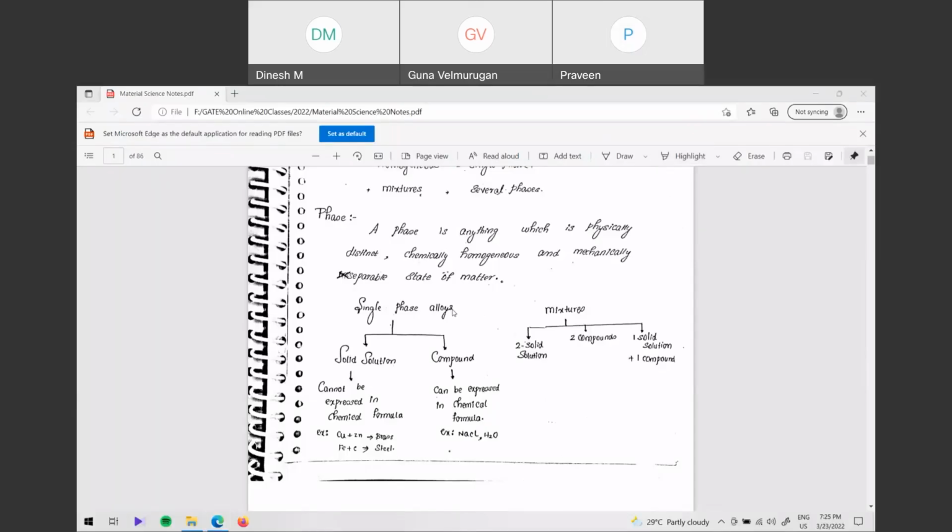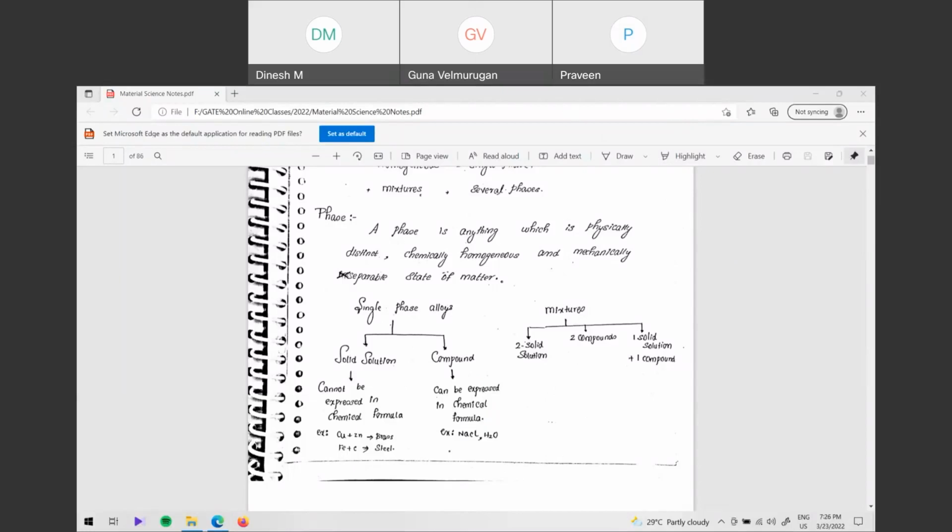Can you see the notes, guys? Okay, good.